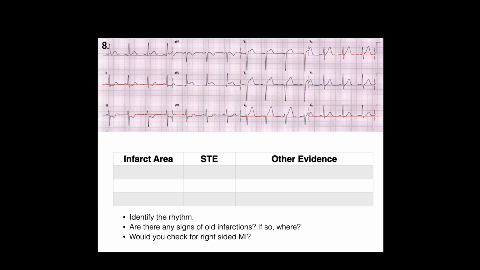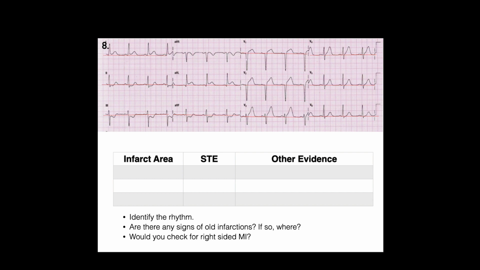And are there any signs of old infarctions? Yes, because of the pathological Q waves, in V2 and V3. So here's the thing, pathological Q waves are a little bit slippery. If they are with some acute ST elevation that's happening now, we think of them as part of what's happening now. It simply means that the infarction has progressed 2 to 3 hours and the Q waves could have developed.